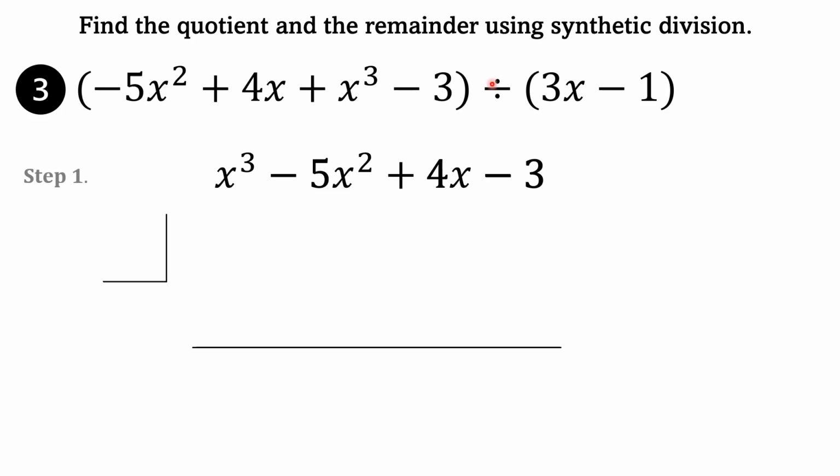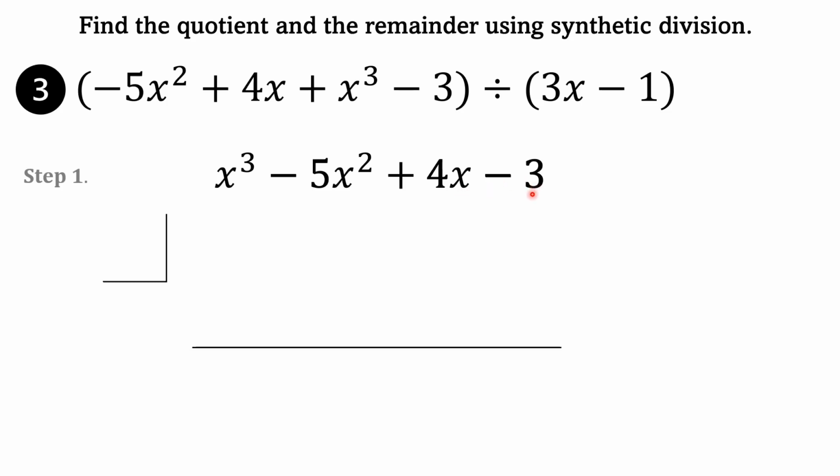The divisor is in descending order. The dividend should be arranged because the terms are jumbled. So we have x cubed, that's the leading term, followed by negative 5x squared, followed by plus 4x, and then negative 3.